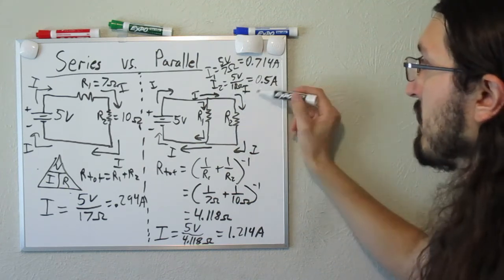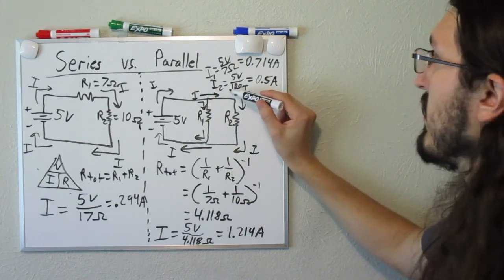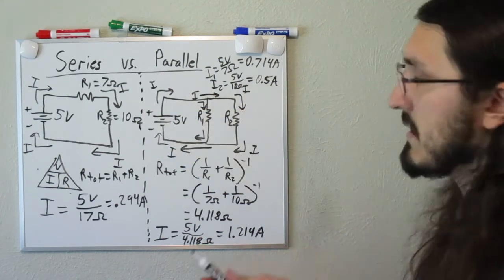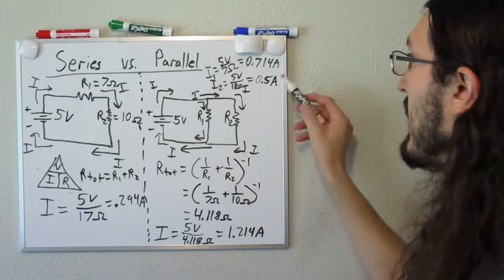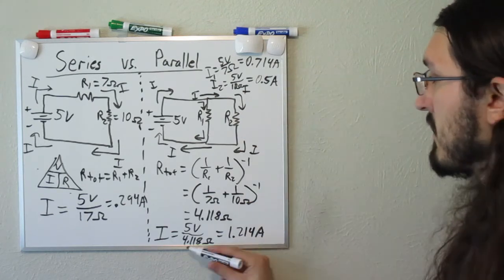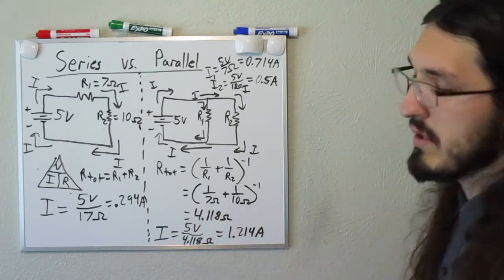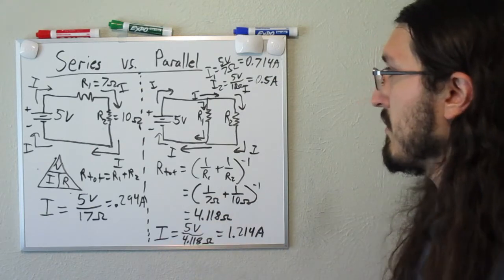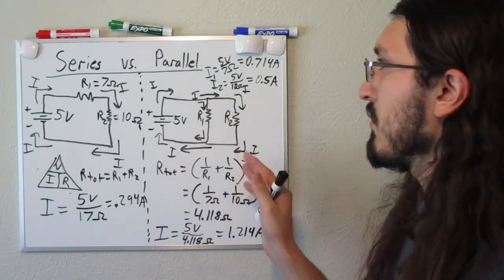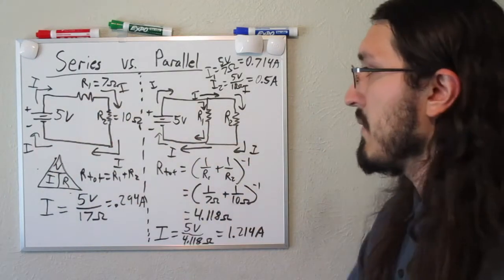And then for the second branch, I2 equals 5 volts divided by 10 ohms, and that comes out to, of course, 0.5 amps. If I add these two currents, 0.5 plus 0.714, it actually comes out to the total current, 1.214. So here my numbers are consistent, but I can see that in a parallel circuit, my current is not constant, whereas in a series circuit, the current is the same everywhere.